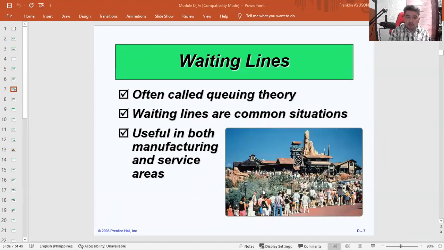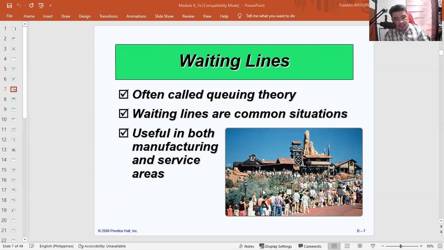So to start off, what is a waiting line? More often, we call it the queuing line. Waiting lines are very much common in different situations. Understanding queuing theory or the waiting line models is useful in both manufacturing and service areas.